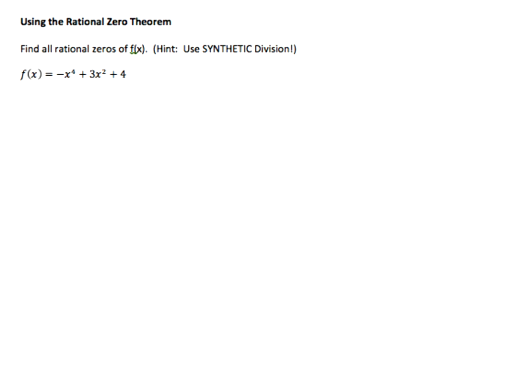Okay, so I'm given a polynomial function here, and I'm just told to find all of the rational zeros for that polynomial. And here's the hint. We use synthetic division. And actually, you're going to synthetically divide by c, which is that value that comes from the factor x minus c.